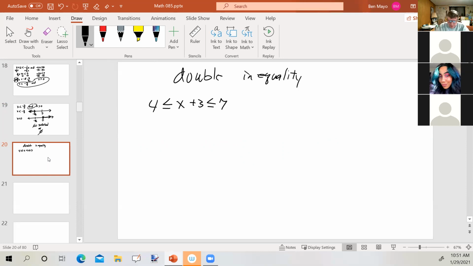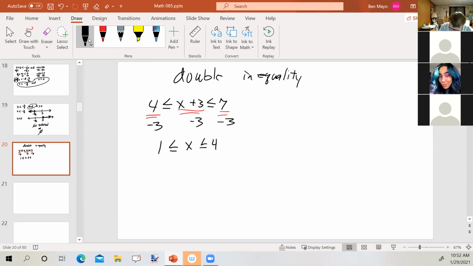But there's 3 pieces here. Whatever we do to one piece, we have to do to the other 2 as well. So to solve for x in the middle, I'm going to subtract 3 from the middle, which means I'm also going to subtract 3 from each end. So that gives me 1 less than or equal to x less than or equal to 4. Any questions about that?